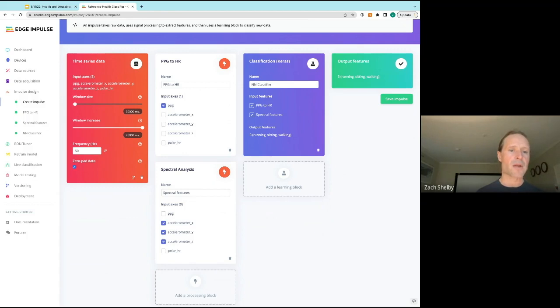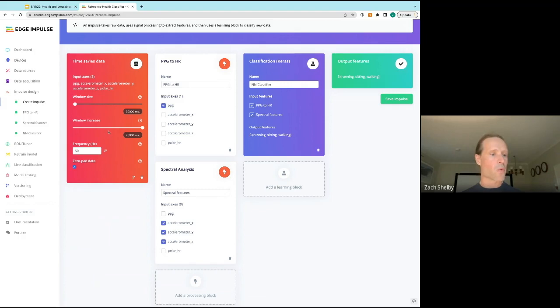In this case, we're going to do a PPG to HR conversion, and that could include additional HR, HRV, IBI derivatives. In this particular case, we kept it simple. We didn't do that. And then another block to do spectral analysis on accelerometers, because accelerometer processing is very different than PPG processing.